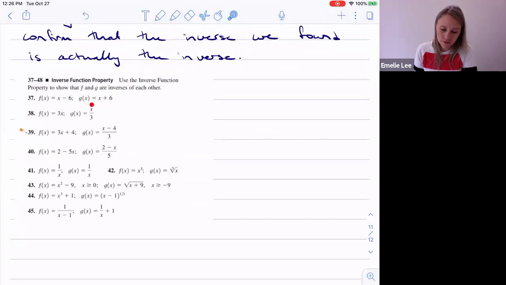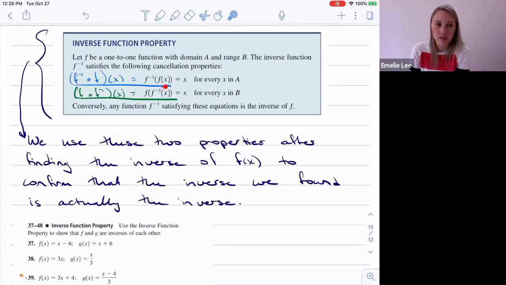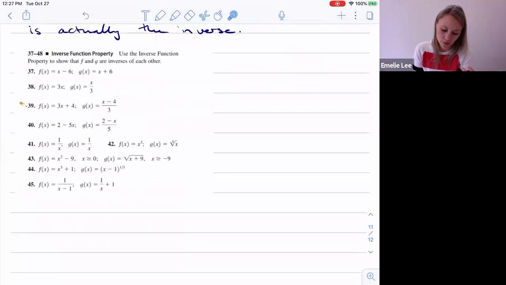If g is the inverse of f, then vice versa, f is the inverse of g, so they work back and forth like that. It works both ways. If the inverse of f of x is equal to x and f of the inverse of f is equal to x, they can replace each other because we're checking both ways.